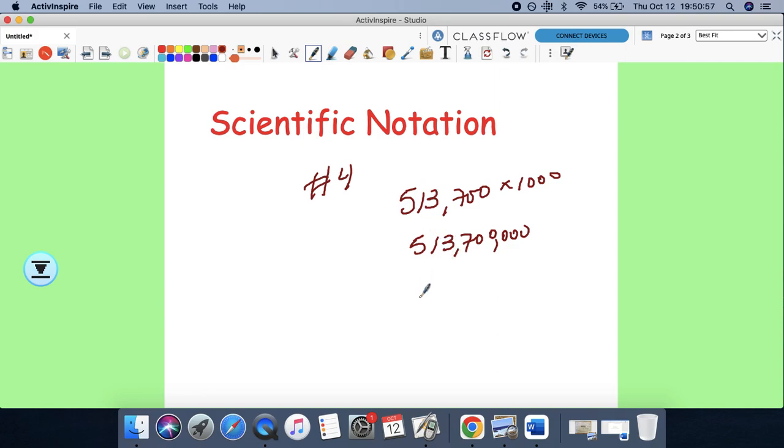We're going to get 5.137. And then what's the number of decimal places? 1, 2, 3, 4, 5, 6, 7, 8, times 10 to the 8th power. And we get letter G.